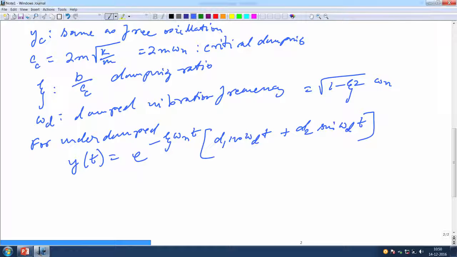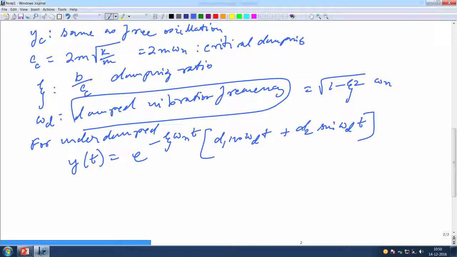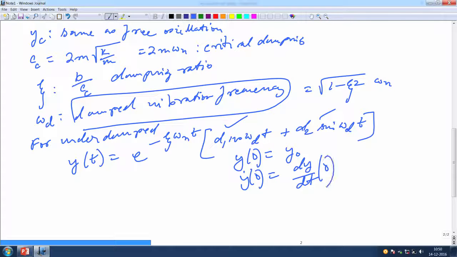And you remember this omega d is the damped vibration frequency. There are 2 boundary conditions needed to solve for these 2 constants. Usually what you are given is y at time 0 equal to y0, then y dot at 0, which we can write as dy by dt at 0.